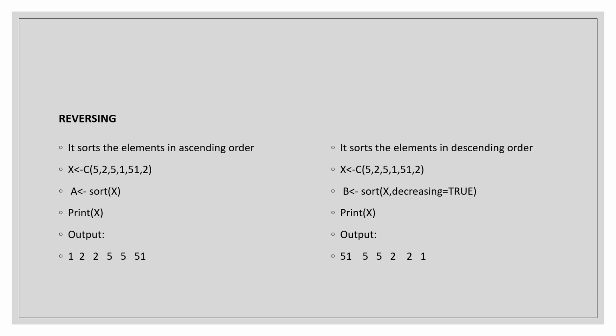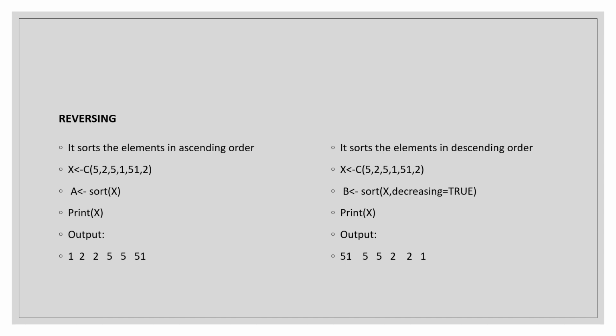So let us see how the elements of the vectors are reversed. Reversing is nothing but sorting the elements in an ascending order. The example we took is x equals 5, 2, 5, 1, 51 and 2. If we want to sort the given x vector, we use the function called sort, and we store the sorted vector in a new vector.